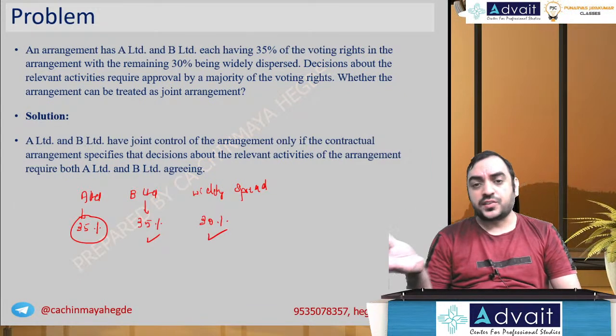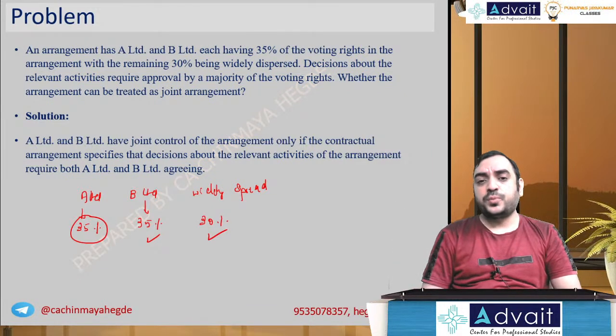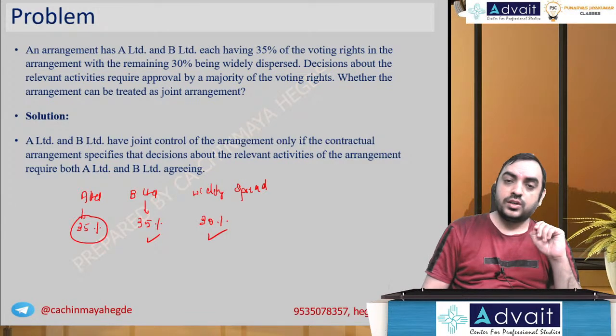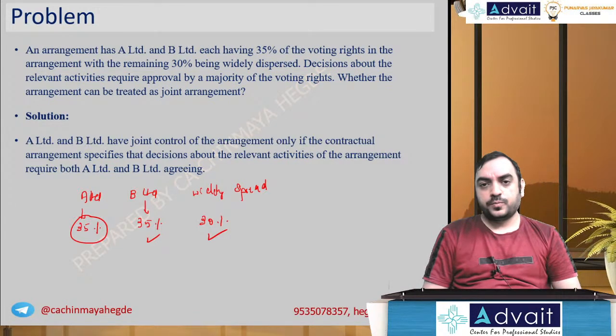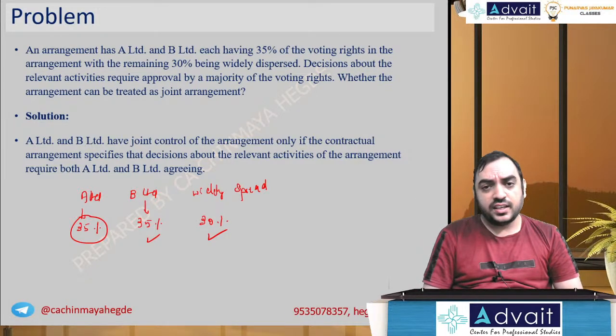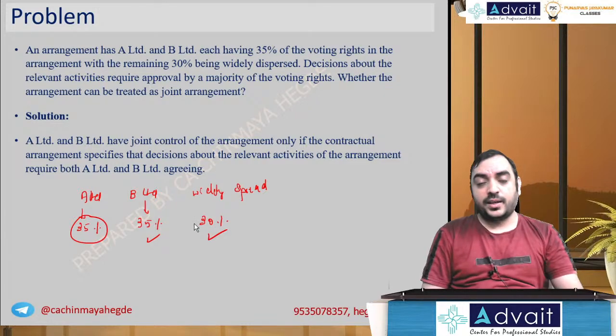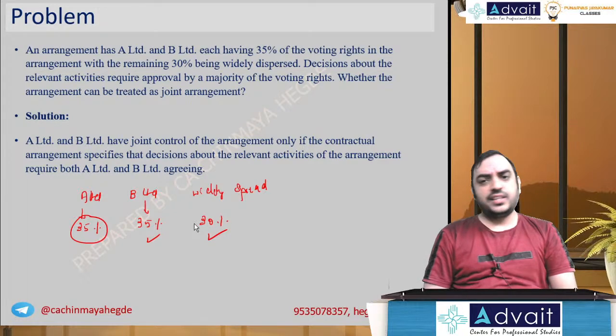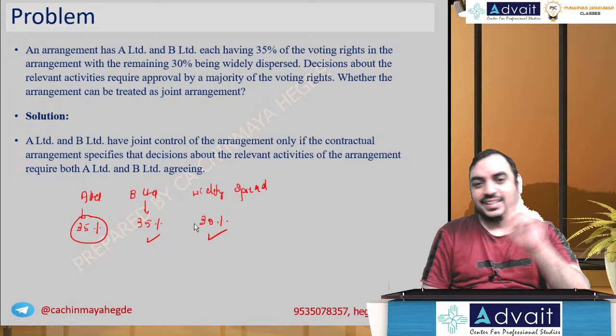It may not be one person, maybe other persons put together. Think like this: A Limited 35, B Limited 35, put together 70, which is more than a majority. So can A Limited and B Limited together control the company? Yes, they can control the company. So they have joint control?